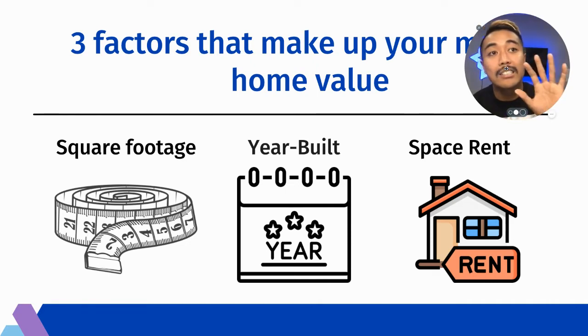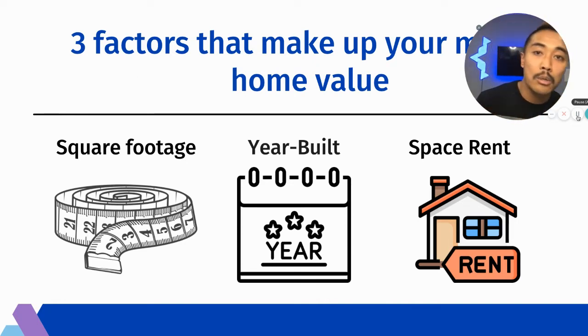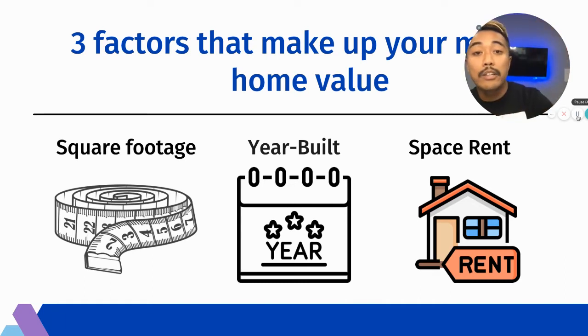The next is the year that this home was built, because depending on when it was built, it could be pre-HUD. Of course, the newer the home gets, the more advanced the infrastructure is. So the newer the year, the more advanced the technology is, the more advanced the safety of how we build these homes are. So that's why the year is very important.